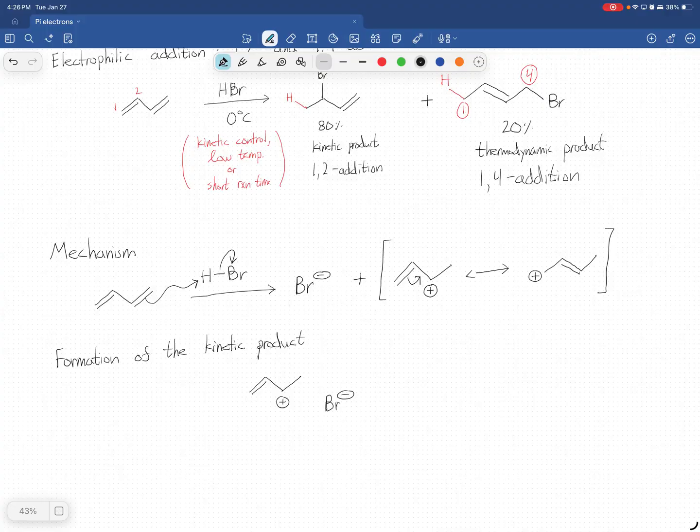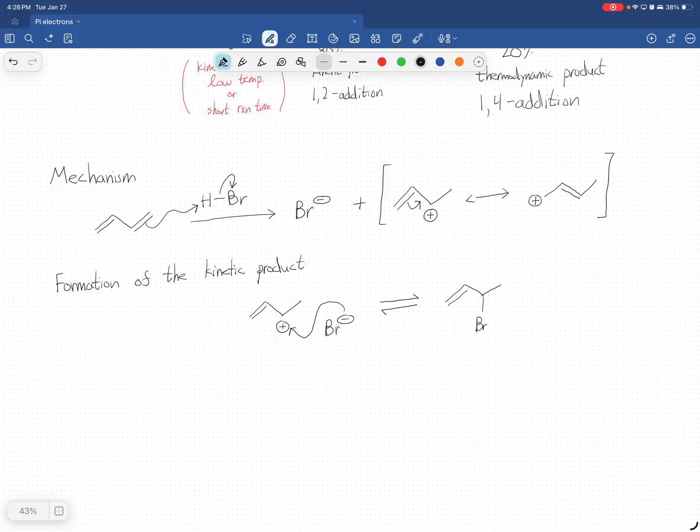It's secondary, more stable. So bromine is actually going to attack right here. And then this reaction is reversible, so you can actually go back and forth. So let's put equilibrium arrows and we get the kinetic product, the secondary allylic bromide right there. So that's the kinetic product.